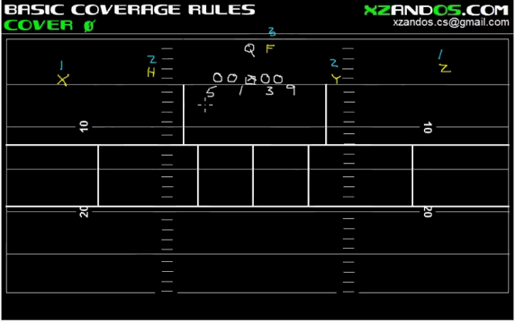Because of that, and you'll see why in a minute, I can keep my backers in the box, and we're going to protect the run, just in case everybody right here wants to run zone read.